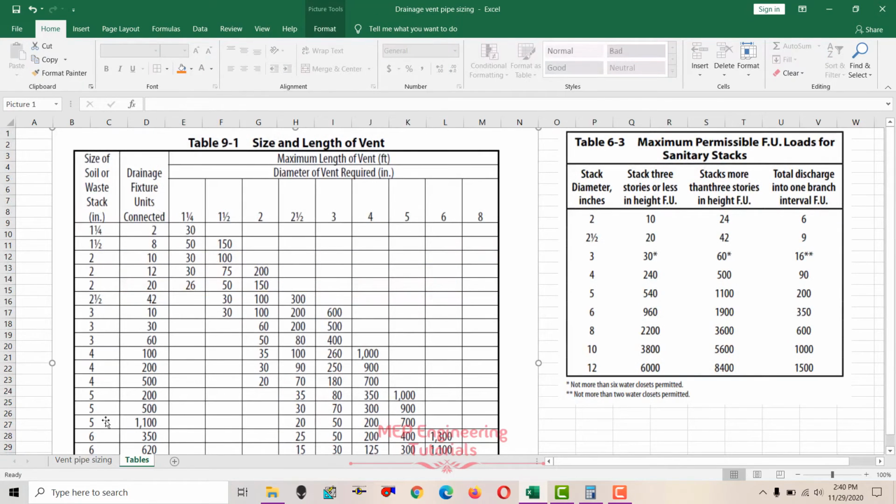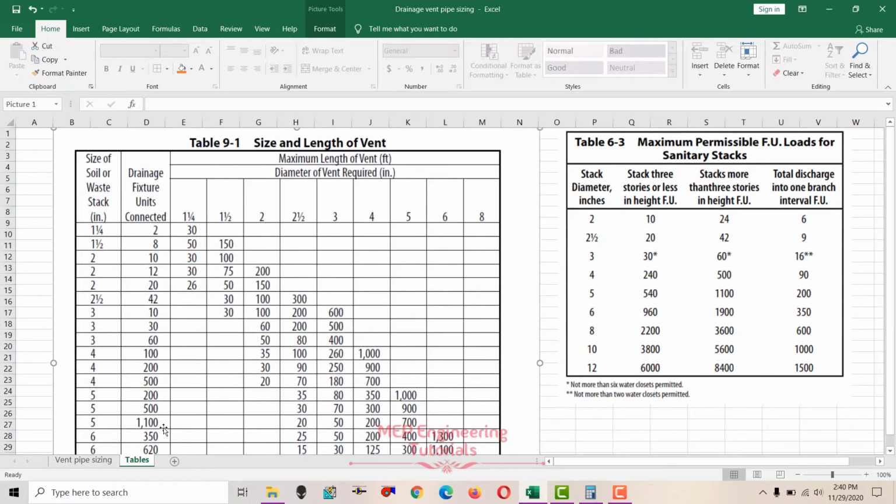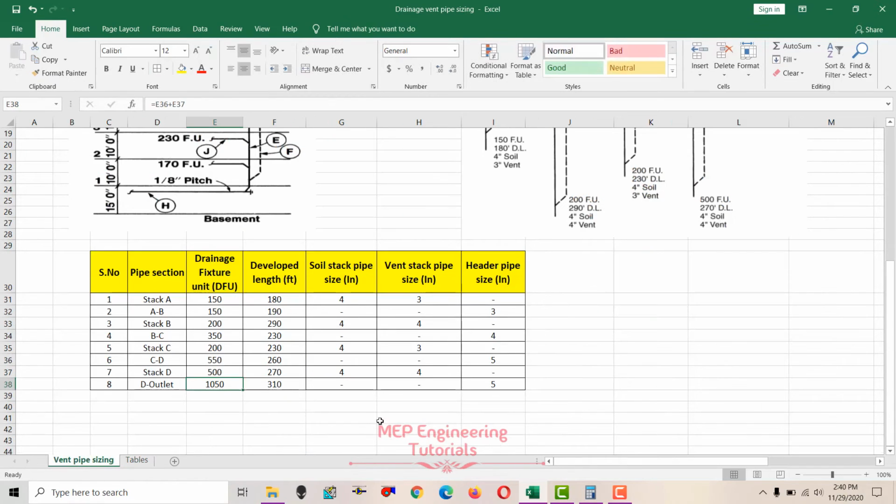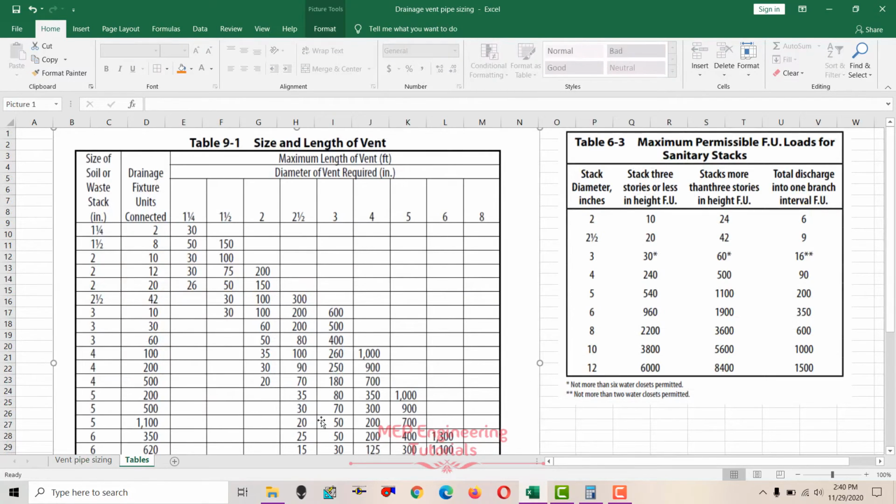So 5 inches, 1050, that is equal to almost 1100. So 5 inches soil stack pipe size, 1100 drainage fixture units, and developed length is 310. So 310 is in between 200 and 700.